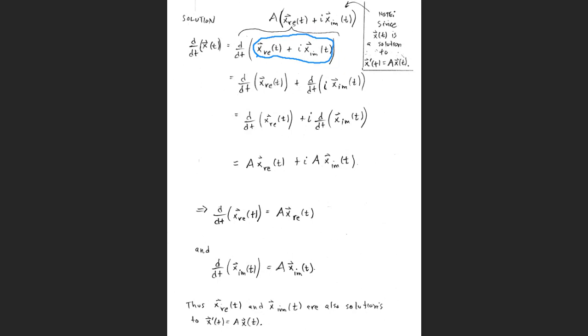That means that x prime of t has to equal A times x of t. Or in other words, the derivative of x with respect to t has to equal A times x of t. Right? That's absolutely true.